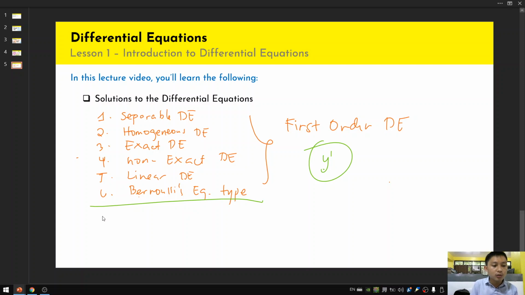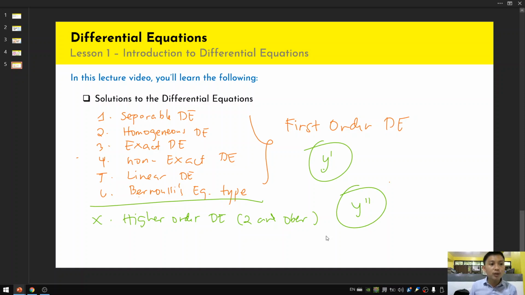I don't know if I mentioned it in the GC if we're going to talk about higher differential equations. Siguro pag may time dadaanan natin. Higher order DE means 2 and above, so magiging y double prime.